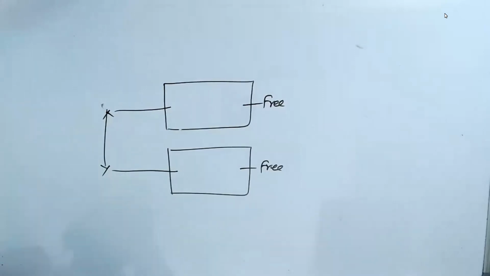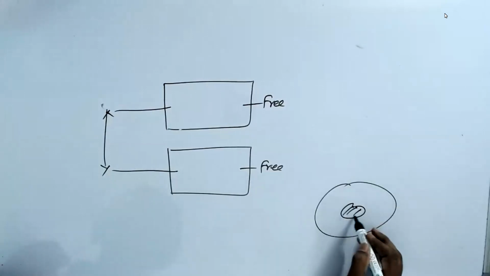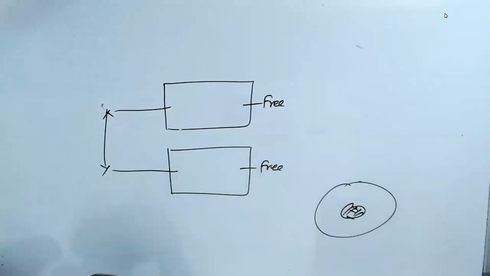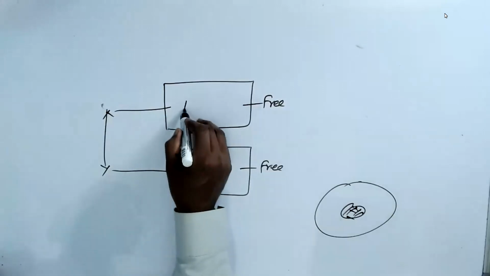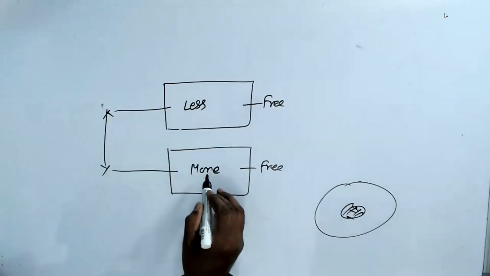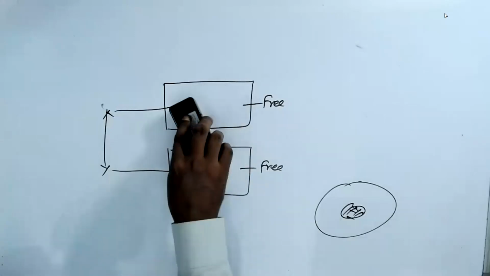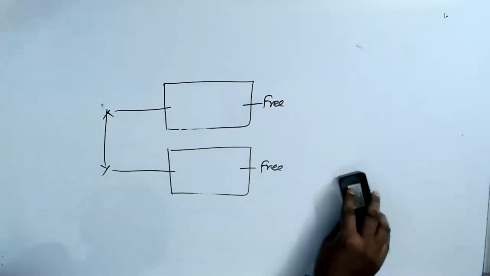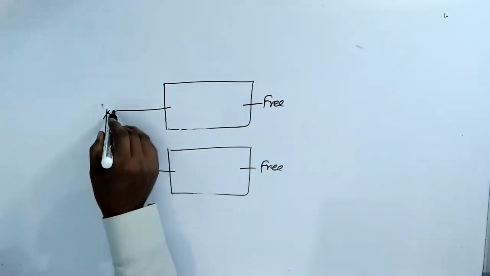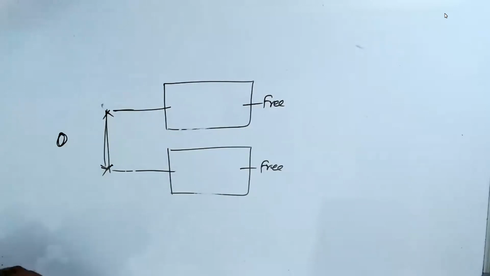Proton never comes into the picture because it's much heavier, so it is there in the nucleus. That's all. Everything is all about electrons. Less electron or more electron. If one guy is having less electron, one guy is having more electron. If the free electrons are the same for both materials, then the difference is 0.